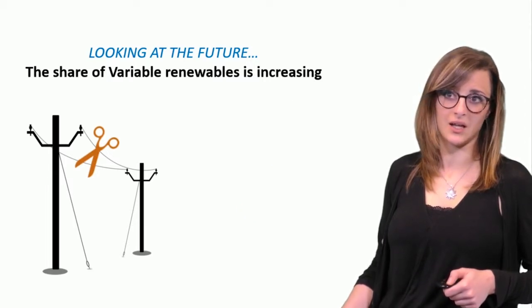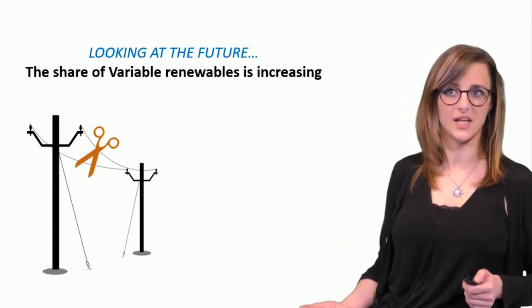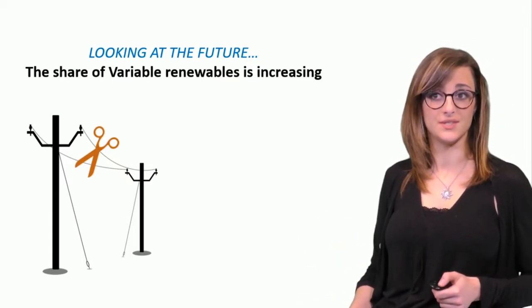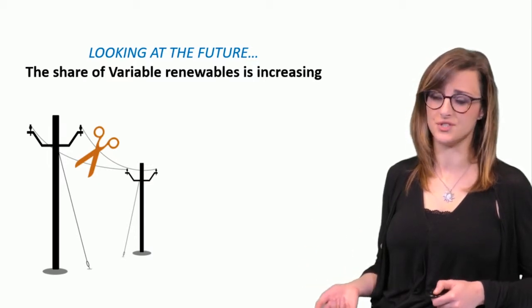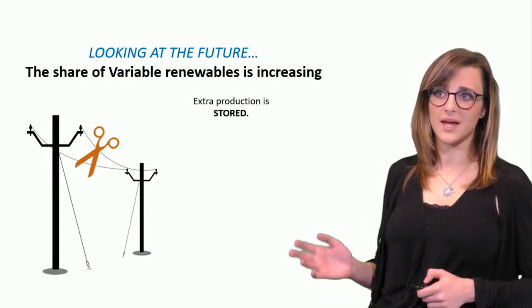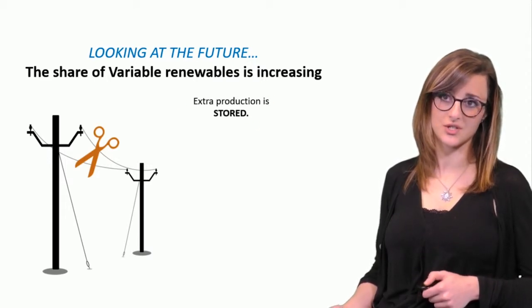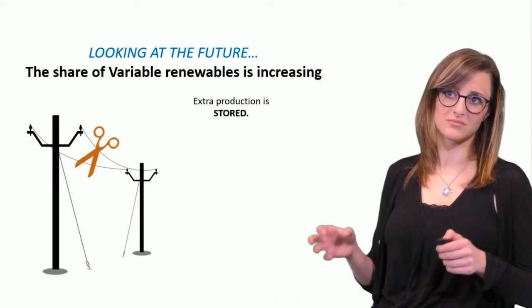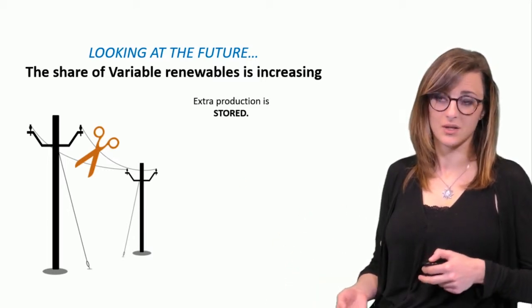Well, there are a lot of actions and a lot of modernization that can be performed on the system to make it more resilient and more efficient. So, for example, let's think about storing the extra energy production in some place that is not the grid.